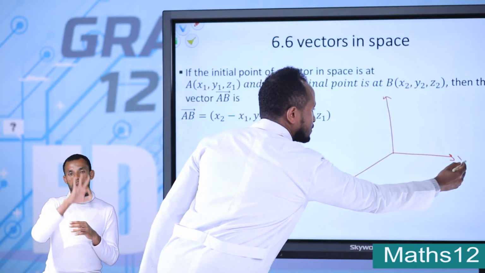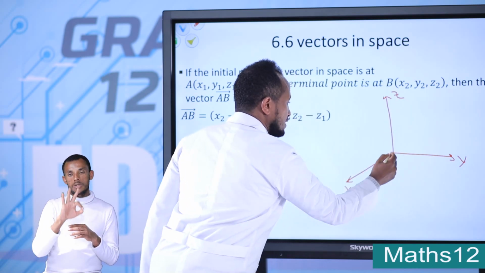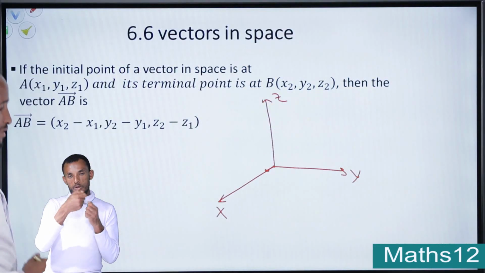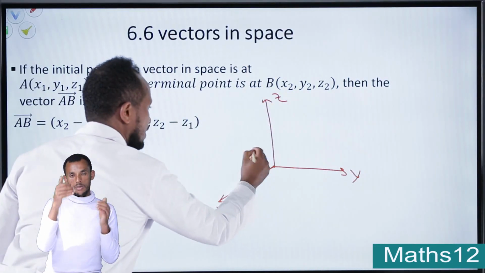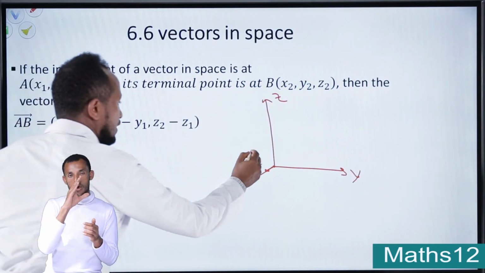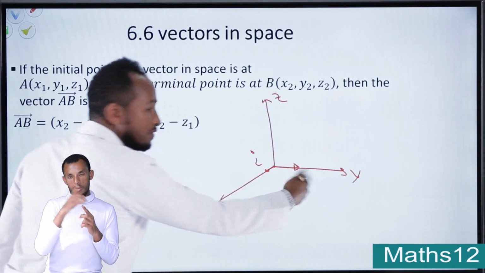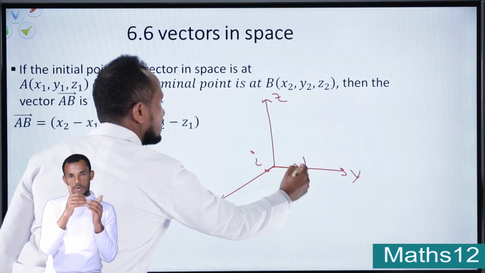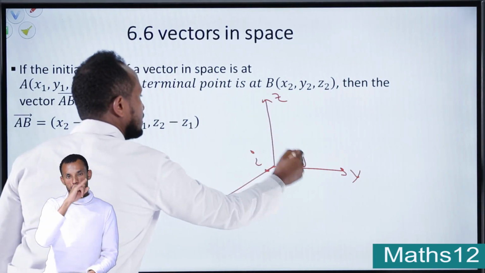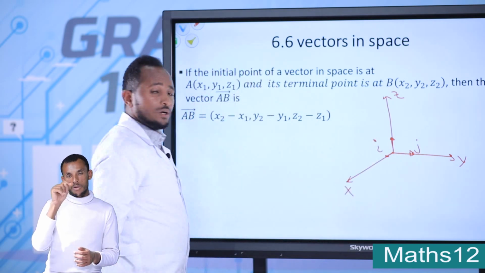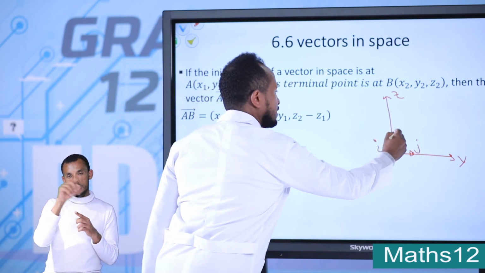A vector with magnitude 1 along the direction of x is i, the unit vector along the direction of y is j, and the unit vector along the direction of z is k.